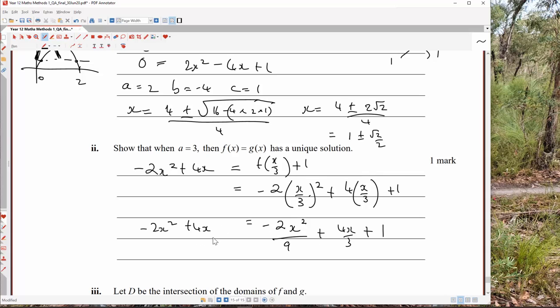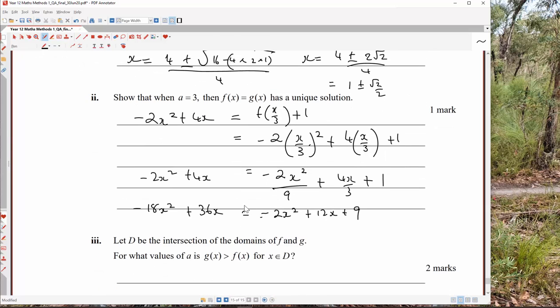All right, let's chop some of these denominators out and probably try the discriminant, I think. Let's get these denominators out and swing everything onto the right or left-hand side. I'm going to multiply by 9 first of all, so that's negative 18x squared plus 36x equals negative 2x squared. 9 fours are 36. 36 divided by 3 is 12, plus 9. Okay, now let's chuck them onto the right hand side.